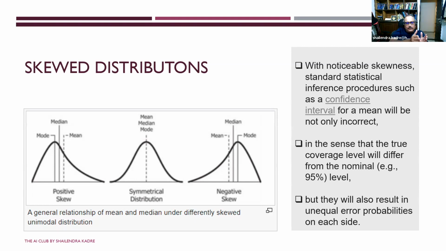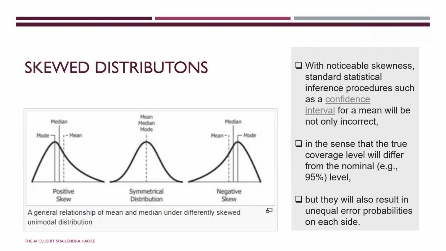Now tell me, in the positively skewed curve, among mean, median, and mode, which value is highest? Mode?